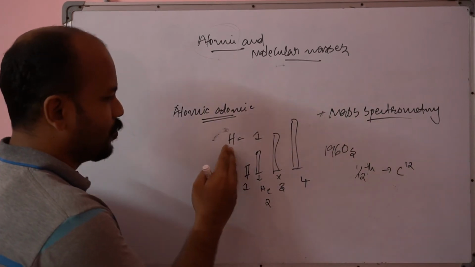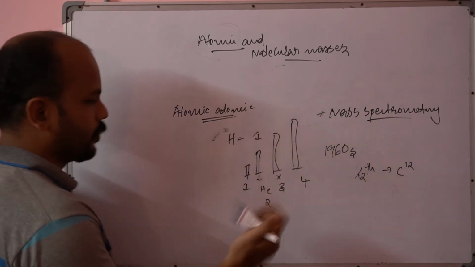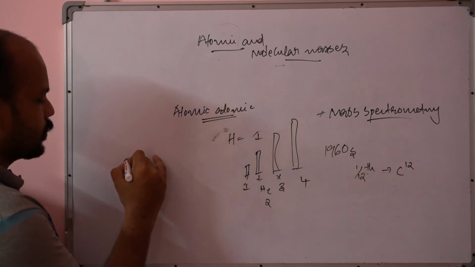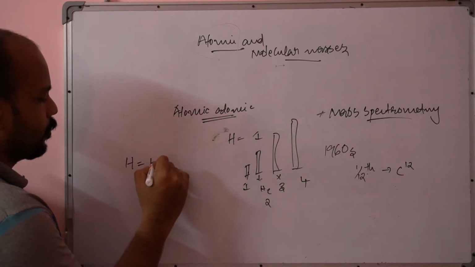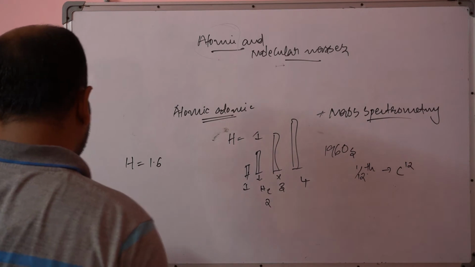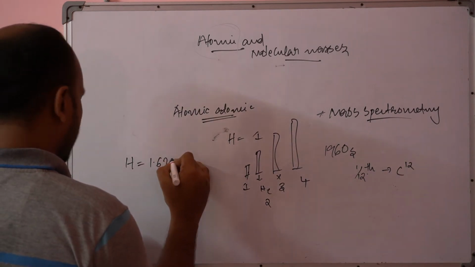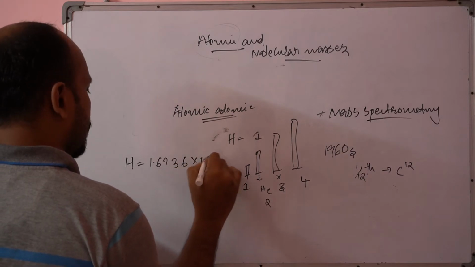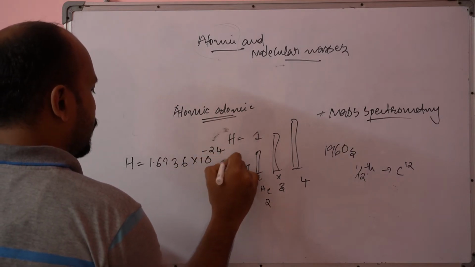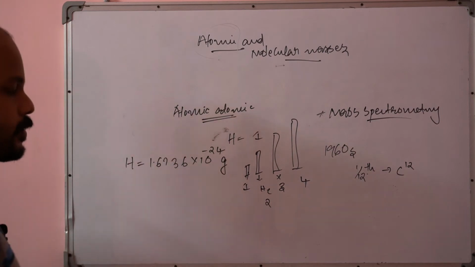Actually these two values are more or less similar. For example, the mass of one single hydrogen atom is 1.6736 into 10 raised to minus 24 gram.